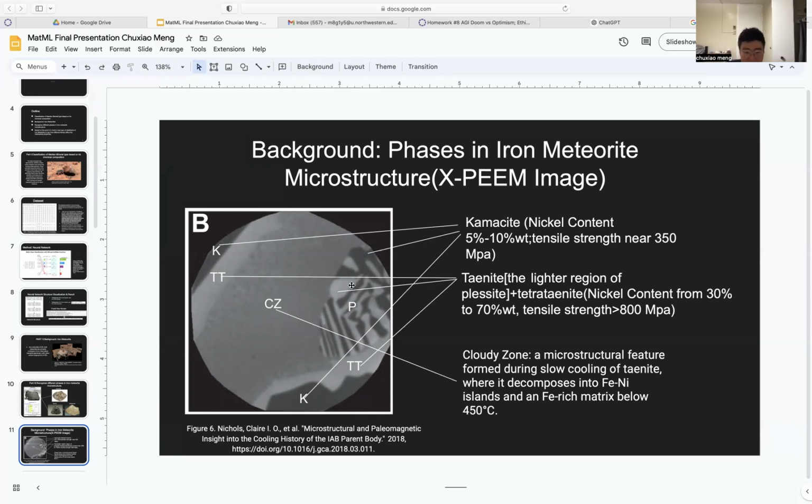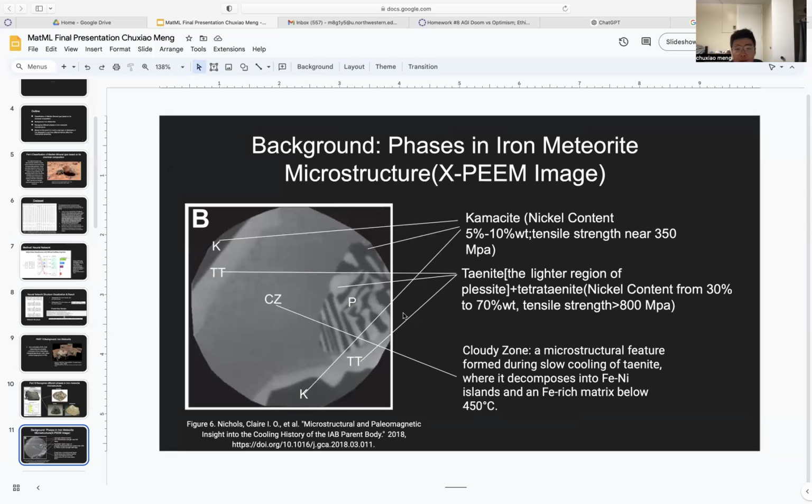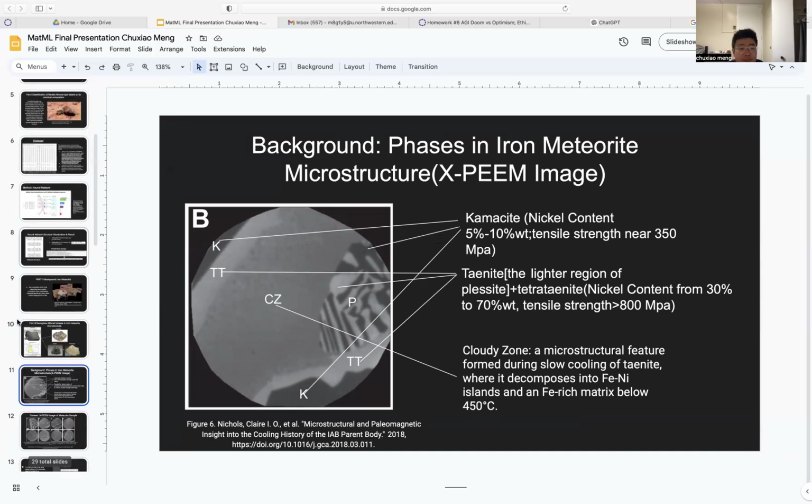The strip-like kamacite and taenite actually form a phase called plessite, but here we separate the plessite into taenite and kamacite. Also, there's a special region called the cloudy zone, which is a microstructural feature formed during slow cooling of the taenite. So basically, in this algorithm, we are going to classify these three phases just from the XPEM image.